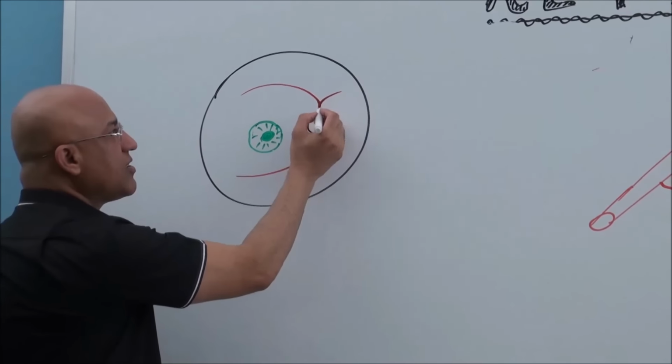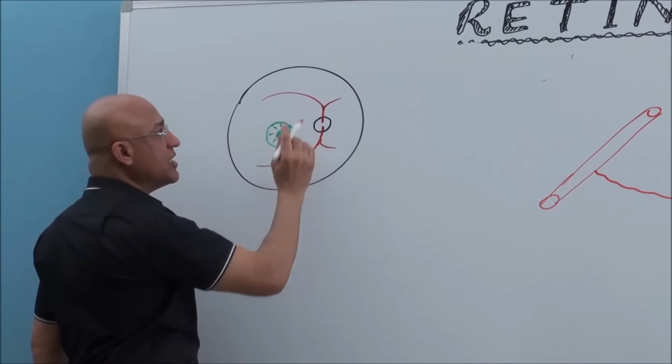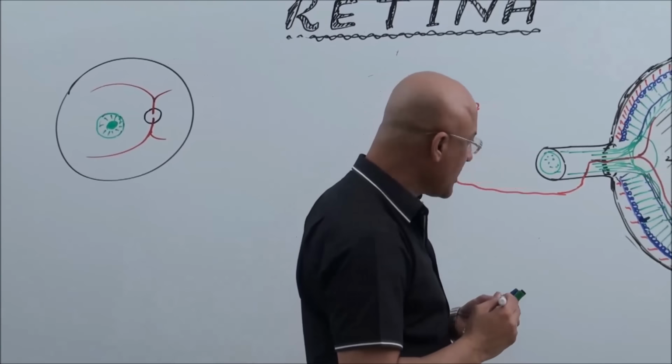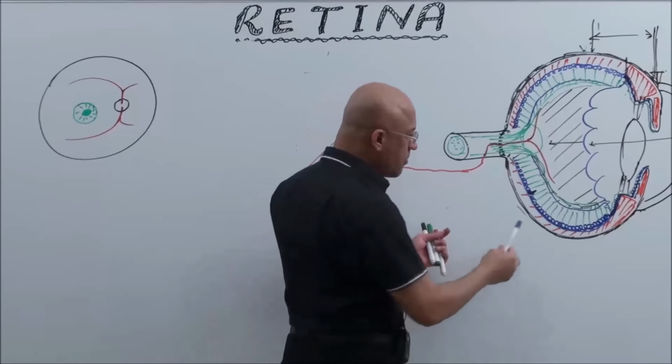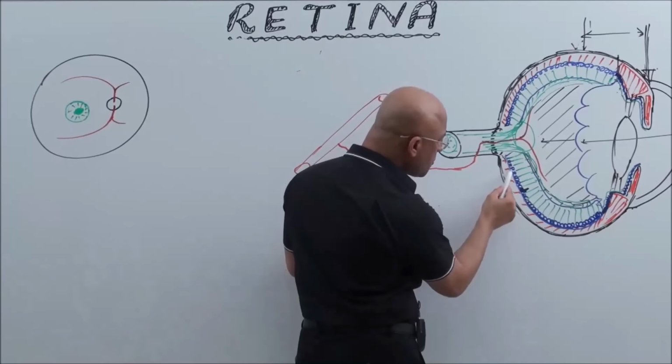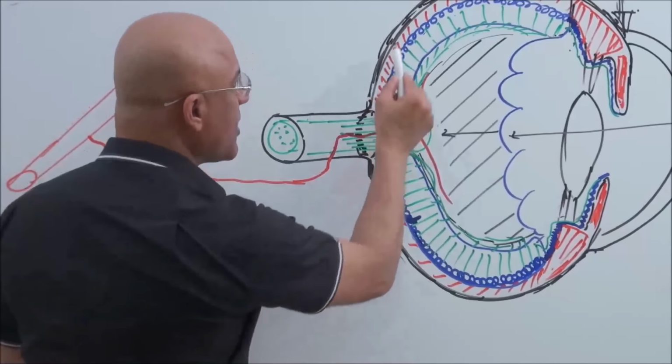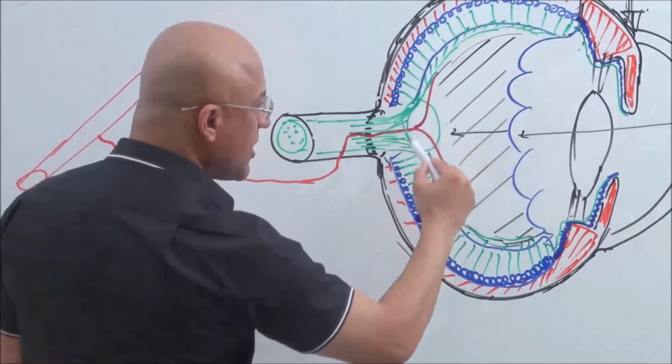And this central retinal artery gives the blood supply to the inner retina. Why do I say inner retina? Come back to this diagram. This part of retina is outer. You know, this is outer part of retina. And this side is inner retina.